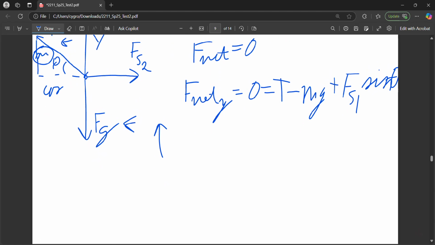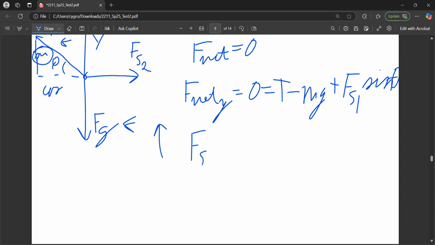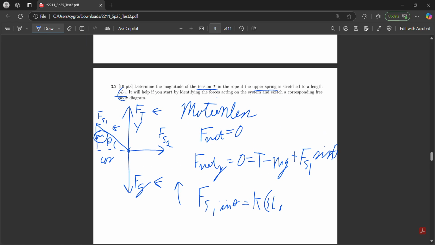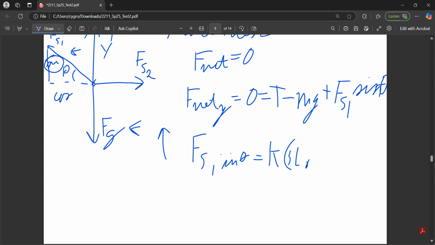Then we can find that force of spring 1 times sine theta is going to equal our K times our 3 L0 as described above, minus our original L0, times sine of theta.